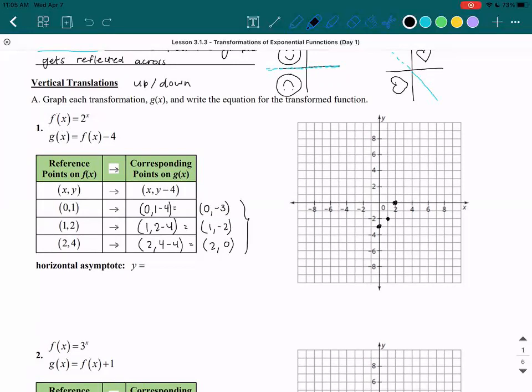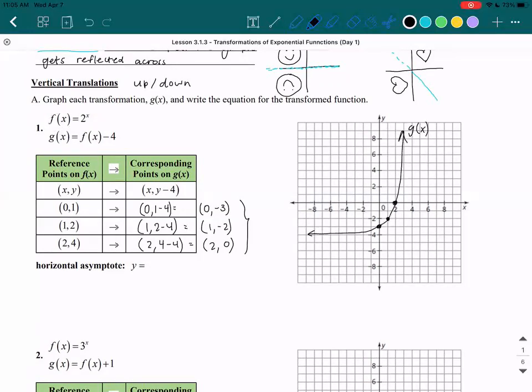Now for g of x, it's going to look like that, okay? So this is our g of x graph. And so I can label it g of x.